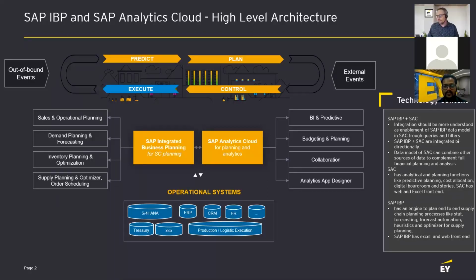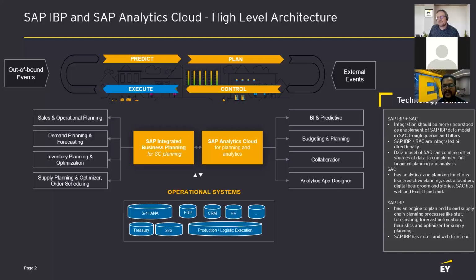Yeah. So SAP has provided a standard connection between SAP IBP and SAP Analytics Cloud for retraction, that is, sending data back to SAP IBP, which is the source system in this case. In this scenario, we have aligned our integration back that is possible to be done for the baseline scenario.